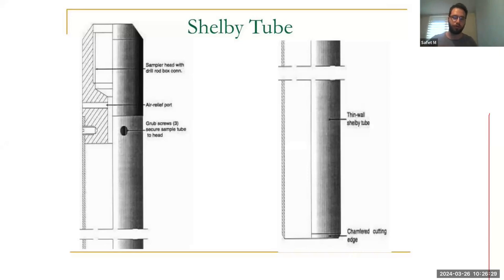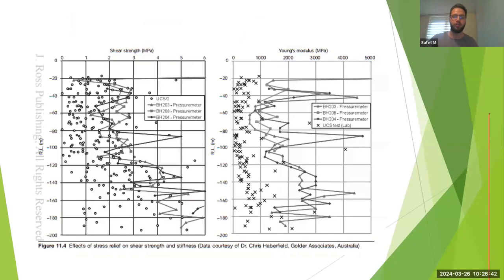You would open the tube, or they're reusable. You would open the tube, pack your sample in oil or whatever kind of package your lab is going to use, and you would reuse your shell to get more samples.